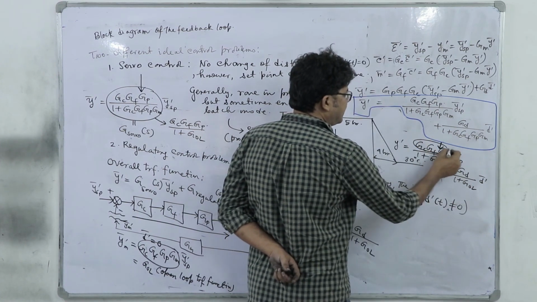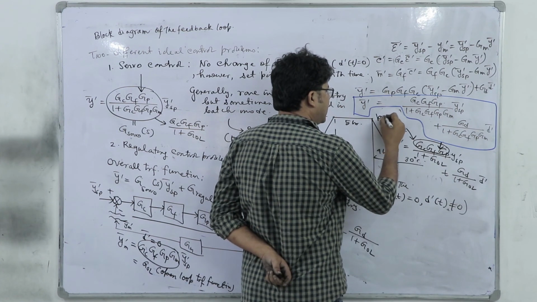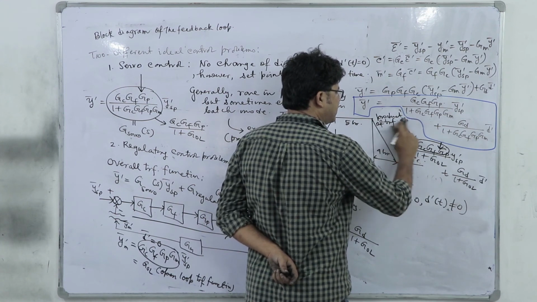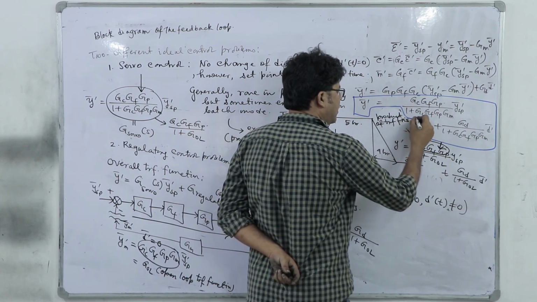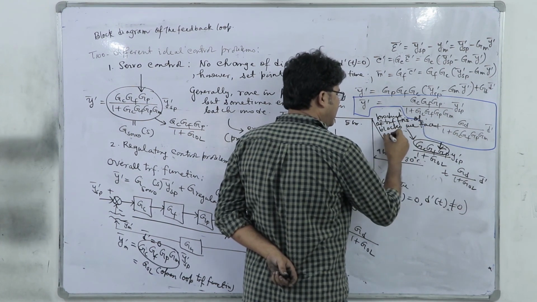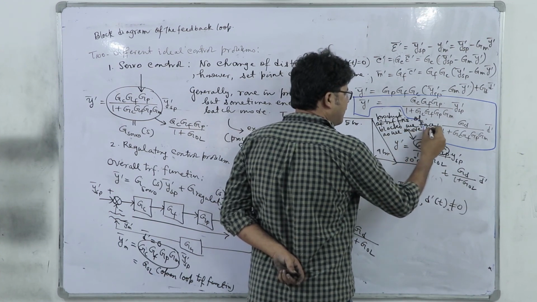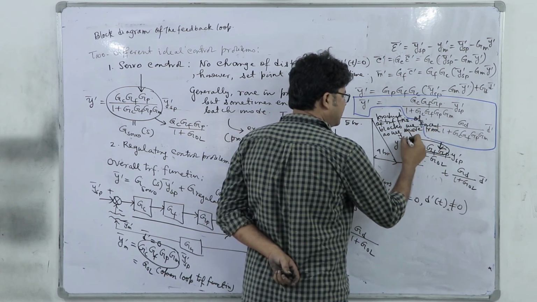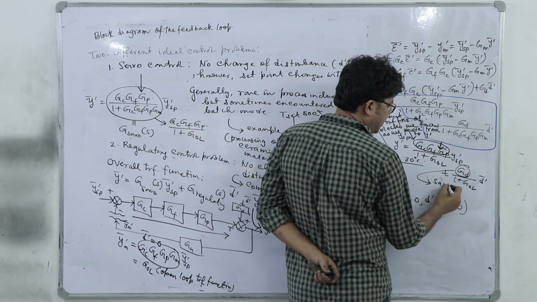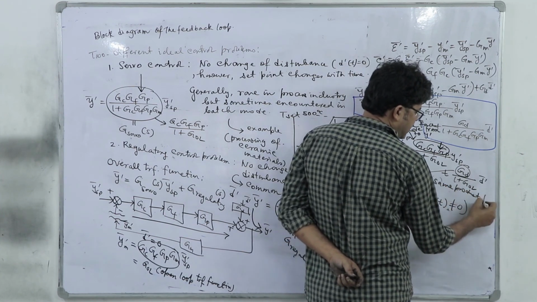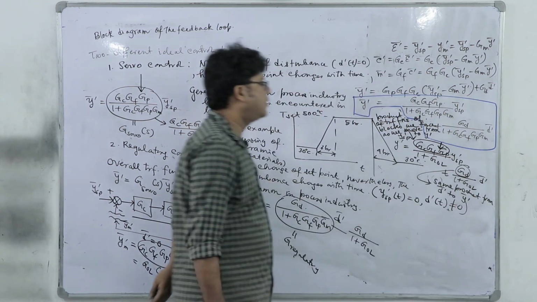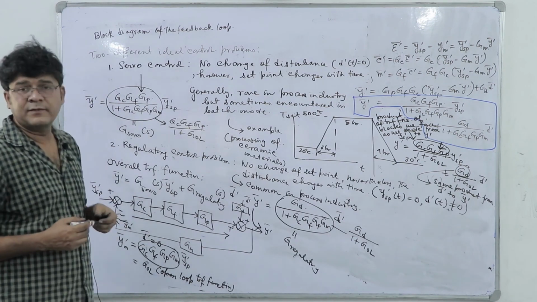So this Gc, Gf and Gp are the product of transfer functions of blocks we face as we move from Ysp prime to Y prime, and here this is the same for d prime to Y prime. So that's the idea of closed loop transfer function.